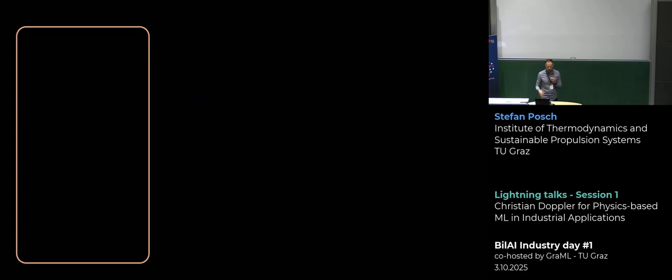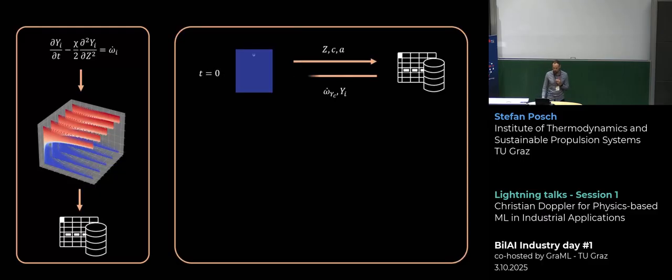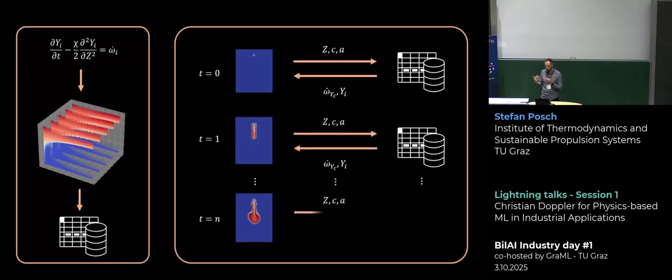And in typical numerical simulation in CFD, the workflow is like that. You solve this partial differential equation for a huge parameter space. So you have several features, you have a lot of data, and you put this data into tables. What you then use in your CFD simulation is this data as a lookup table.